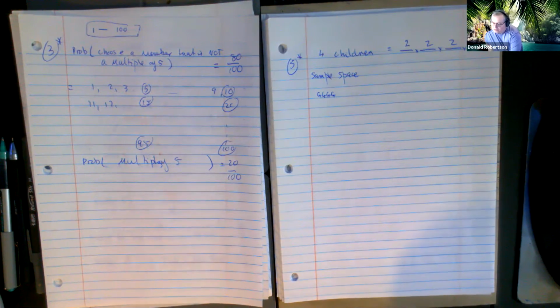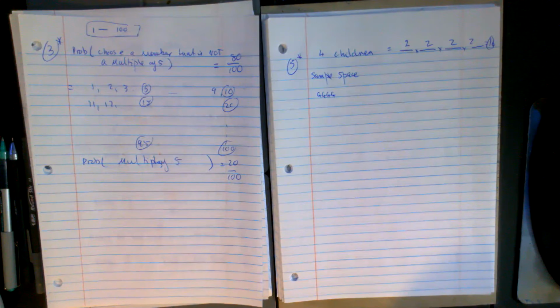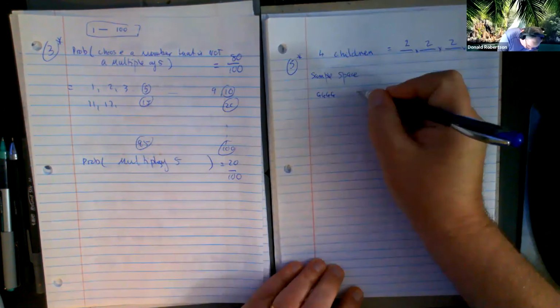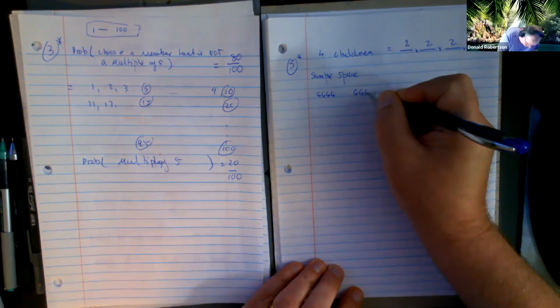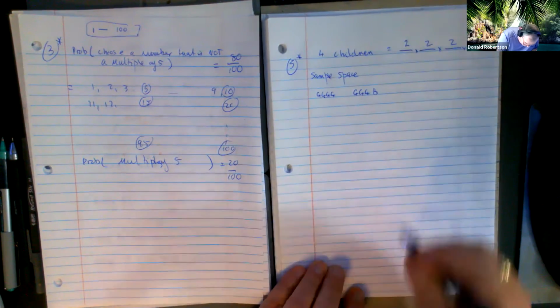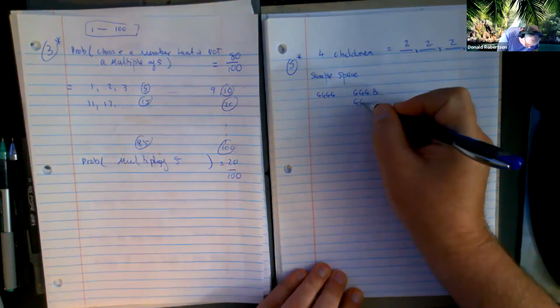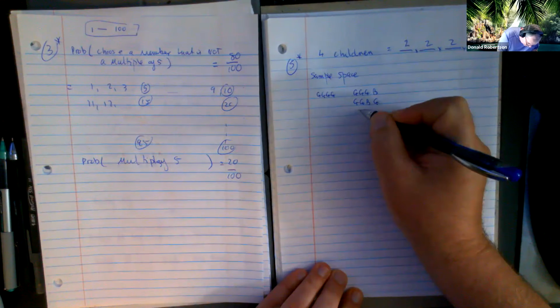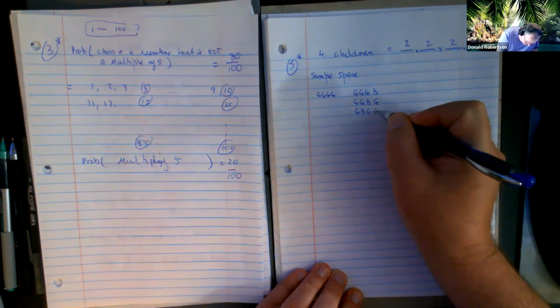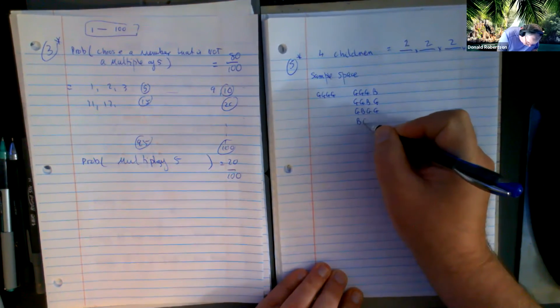Okay, so where should I move to next now? Since I've got 4 girls, what would be the next most obvious group to start counting? One boy. Okay, so you can have 1 boy with 3 girls, and the boy's last in the family, or he's the second last in the family, or he's the second in the family, or he was the firstborn.